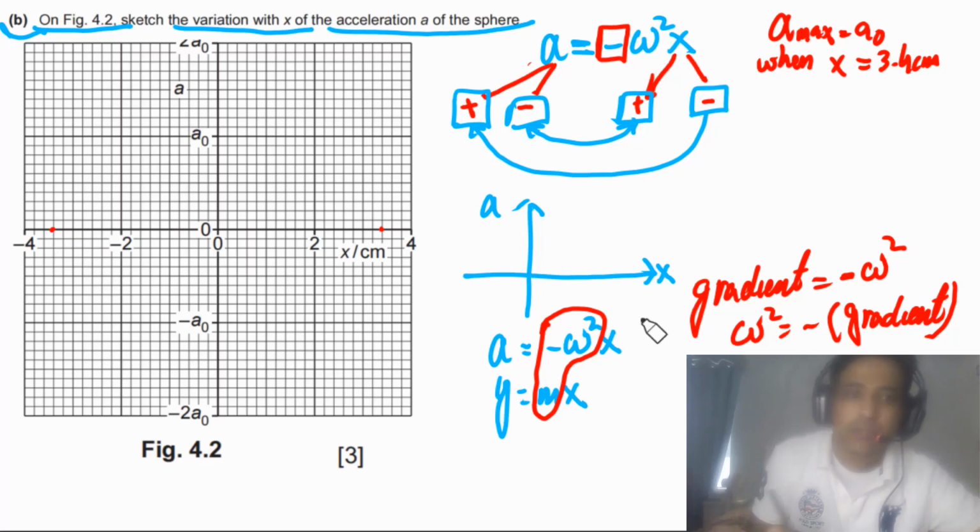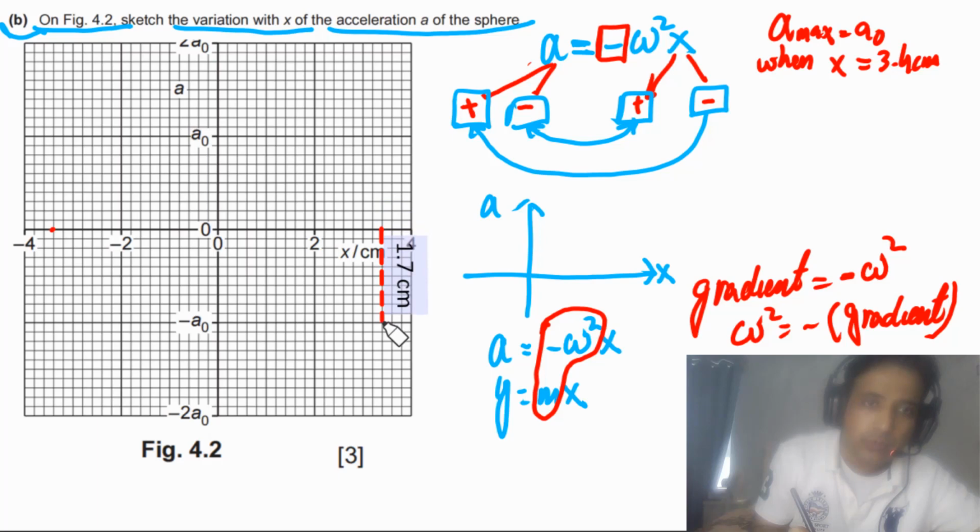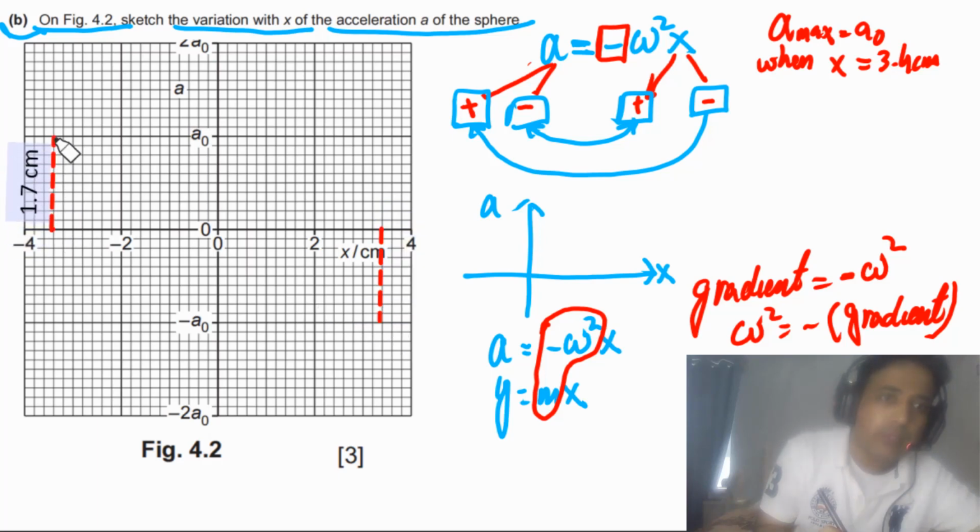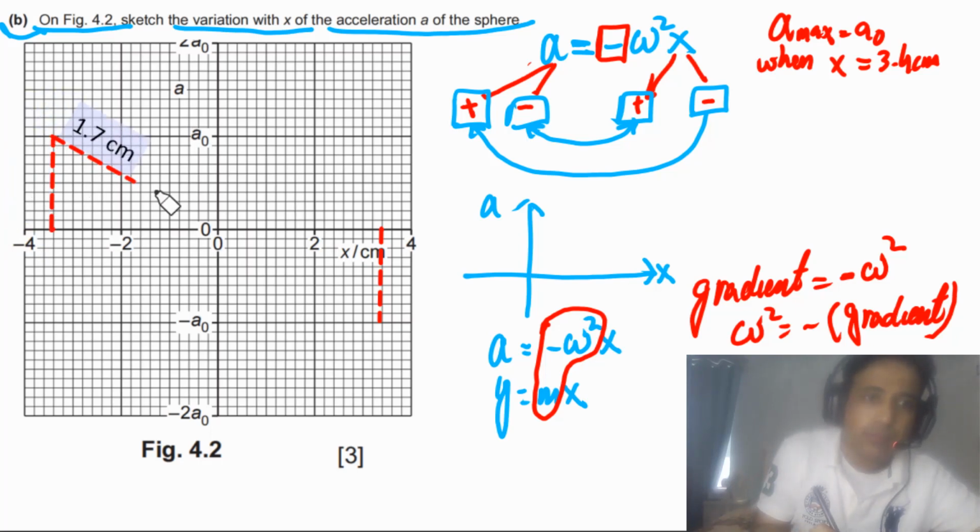Now we can draw lines from here. We can locate this point, draw a line from here, and locate the value of a. Now we simply need to draw the straight line connecting these points. We can connect these points and also extend the line.